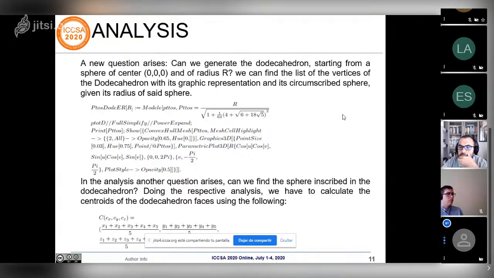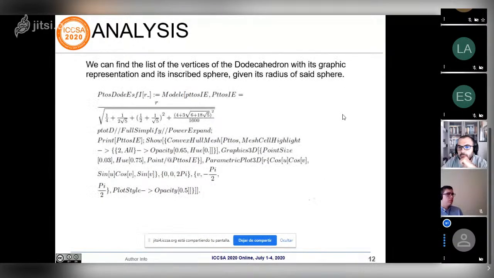Finally, there's one more question. Can we generate a dodecahedron based on a sphere inscribed in it with center 0, 0, 0, and radius r? For that, we find a point of tangency of the sphere with the translated dodecahedron. Analyzing it, the point of tangency coincides with the centroid of one of the faces of the translated dodecahedron.